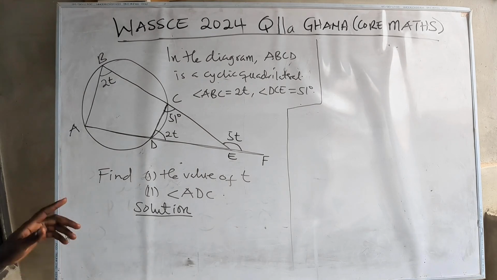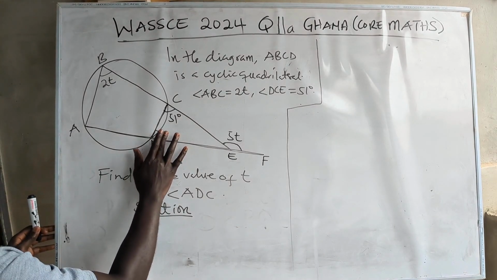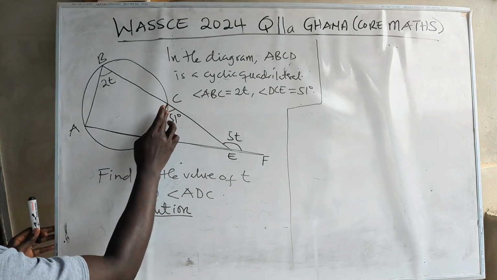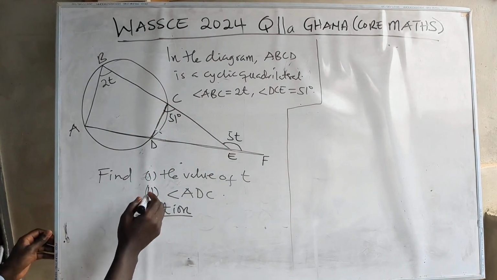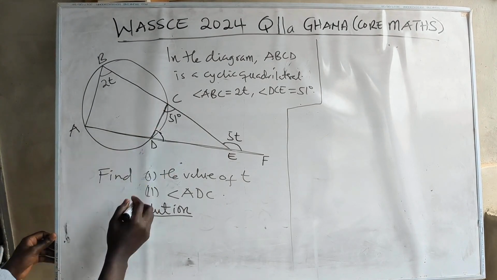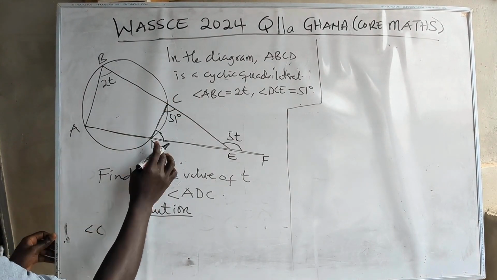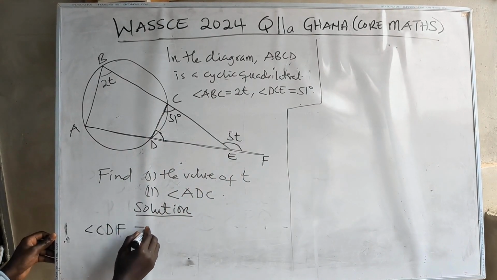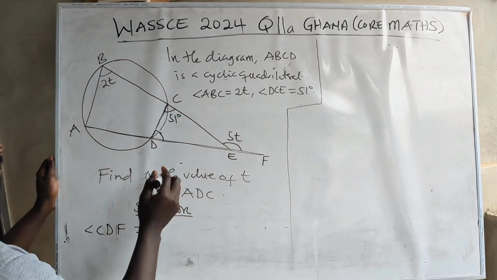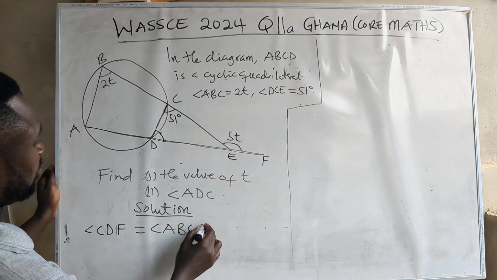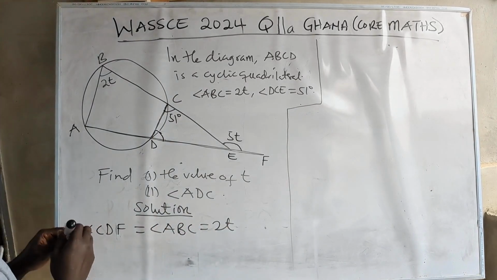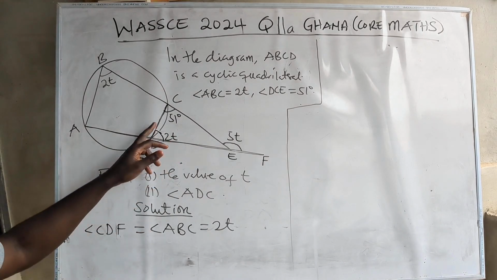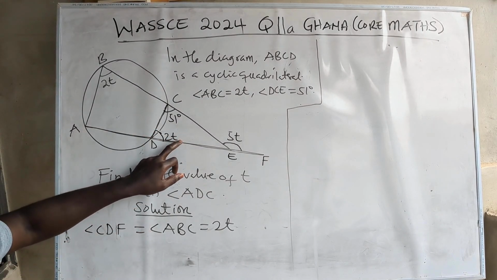Here we can say that the exterior angle CDF is the same as angle ABC, which is equal to 2t. So angle CDF means that here is 2t, and here is 51, here is 2t.